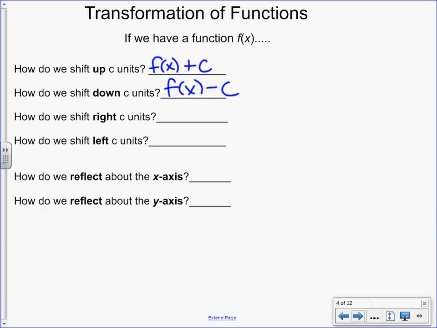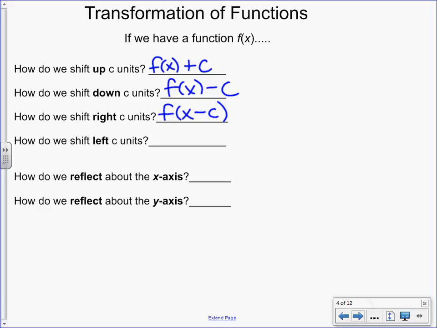Be very careful here. How do we get a function to shift to the right? Very good. We want to subtract c inside of our parentheses. Okay? I know it feels that we should go plus c for right, but it's actually x minus c to go to the right.